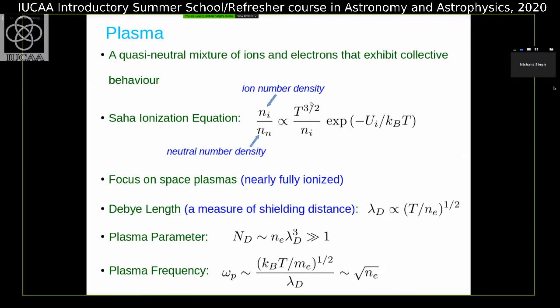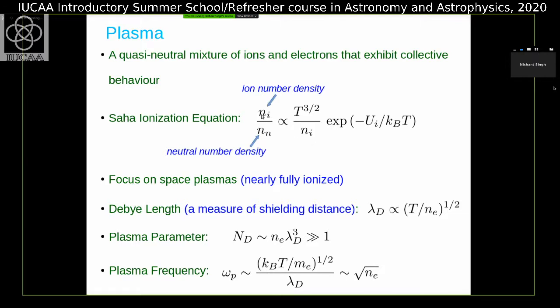So you see that it is directly proportional to the temperature to the 3.5 power, and it is inversely proportional to the ion number density. That's somewhat less obvious, but it is true that if you have more ions, you also have more electrons, so if that increases, then the probability of recombination will also increase.